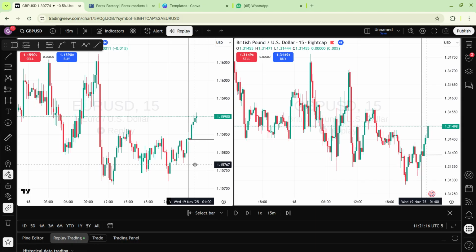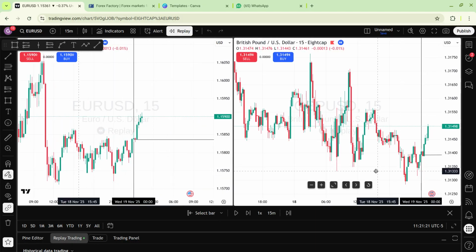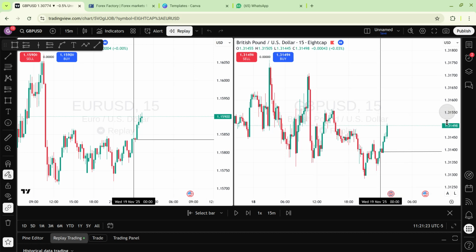So this is both charts at 1:30 today. And the first thing I noticed, I think this was around the time I started looking at the charts, was the SMT. If you see, we have an SMT over here using these highs.